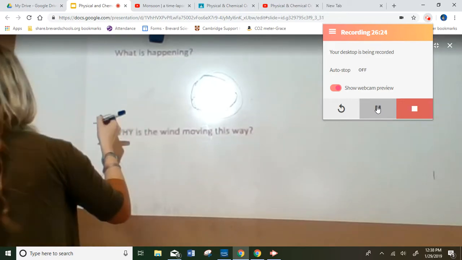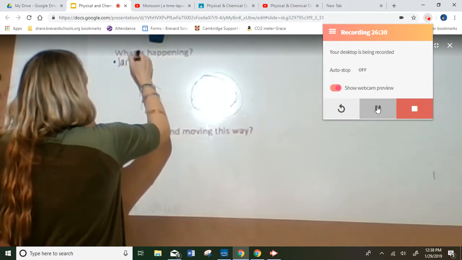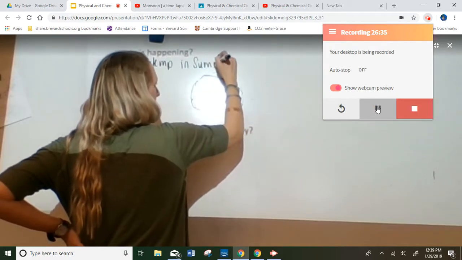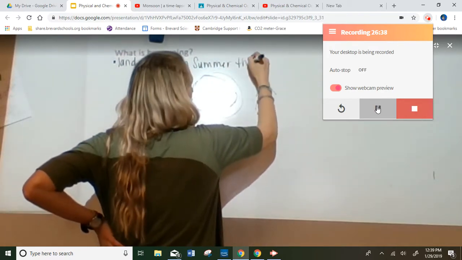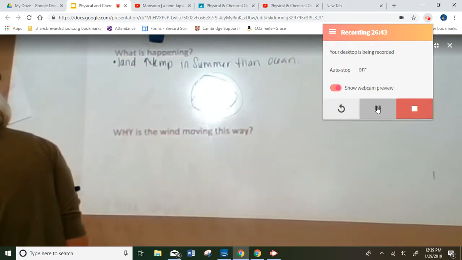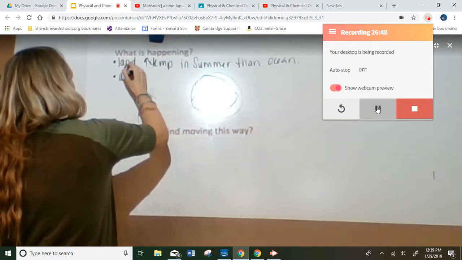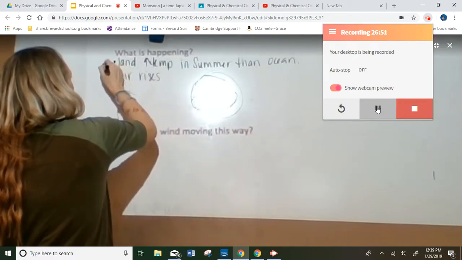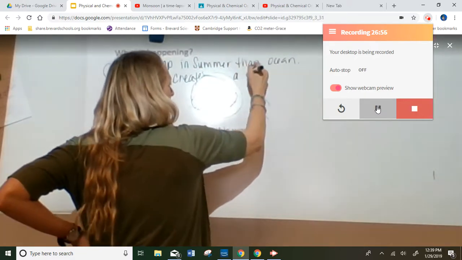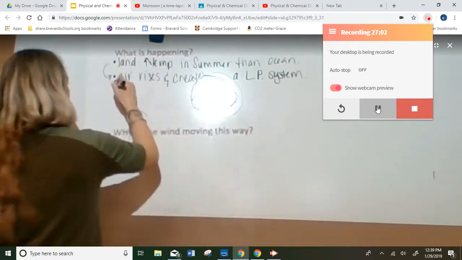So warm, moist air from the ocean is blowing to the land. We're going to say land is a higher temp in summer than the ocean. Air rises. This is because of that, and creates a low pressure LP system or environment.